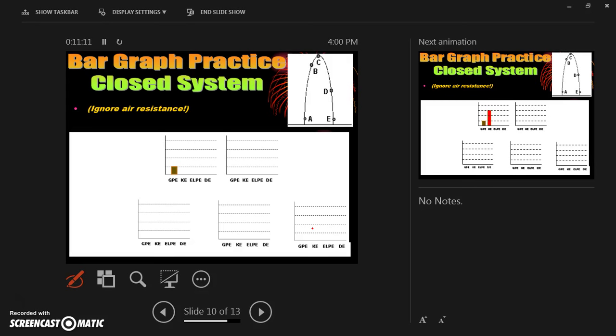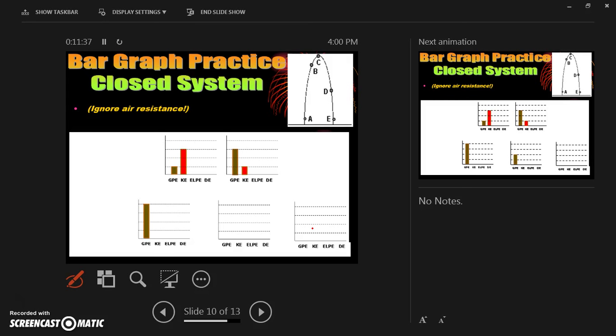Since it has started moving, whoever tossed this up, you'll have kinetic energy, and it's at its fastest when it first leaves the person's hand. As it travels higher, now we're on position B, the GPE has definitely increased from 1 bar to say 3 bars, and the speed has decreased. So there you have it. And at point C, essentially there is no motion.